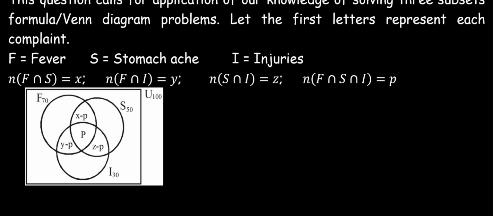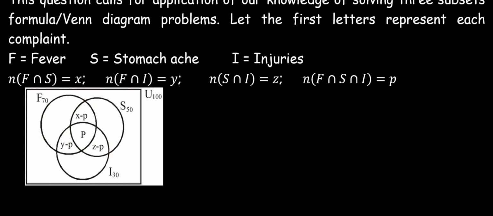But if you look very carefully, the quantities of subsets S, F, and I were not written inside the circles. Rather, they were indicated under where you have each of the letters. That's for I, we have I 30. For S, we have S 50. For F, we have F 70.